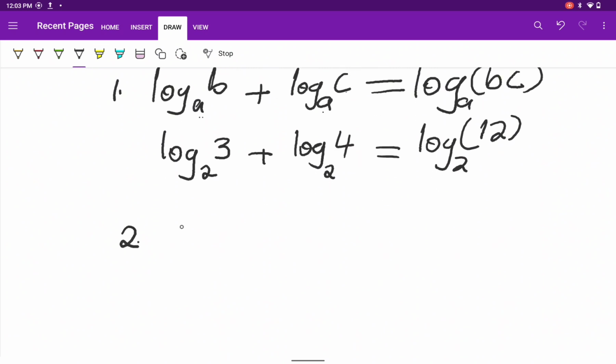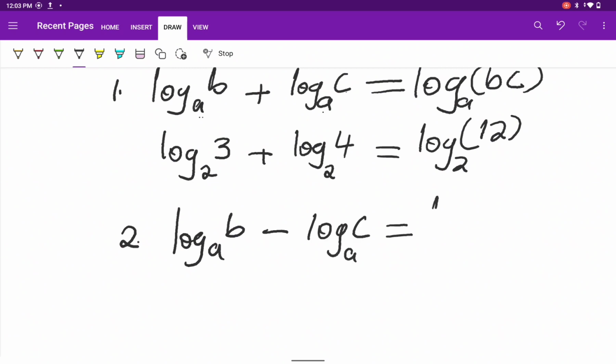Okay, number 2, if it's minus, same thing: log of b base a minus log of c base a. This is the same as the log of b divided by c, as we divide this time, and then the base a.